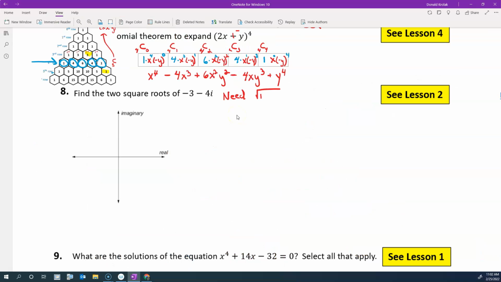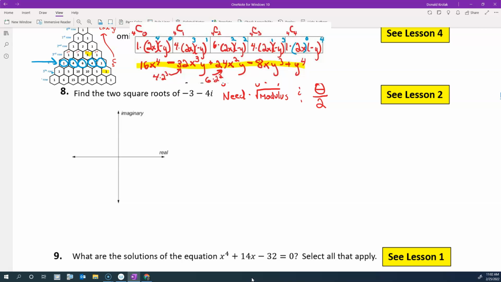Root of the modulus. And you're going to need the angle of rotation divided by 2. Okay, all right.